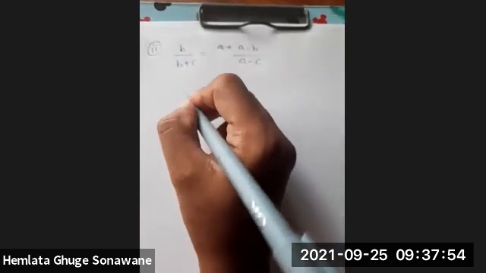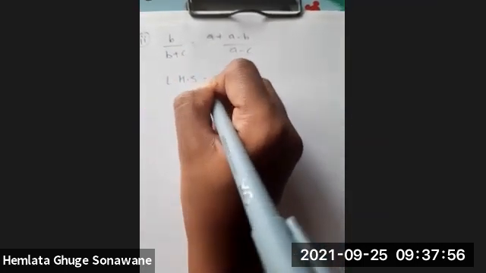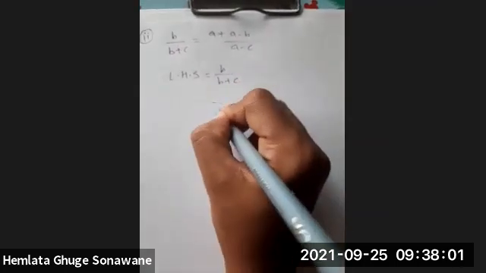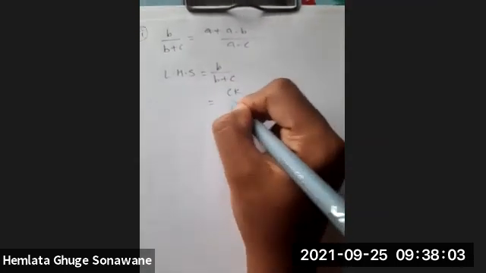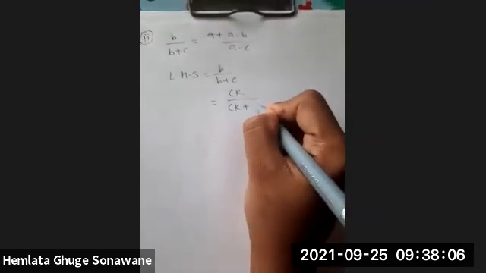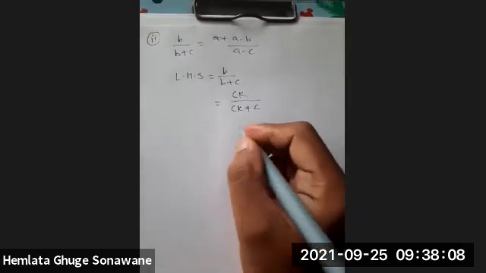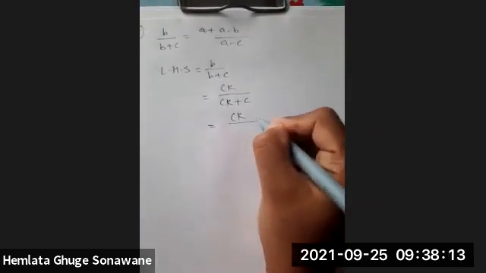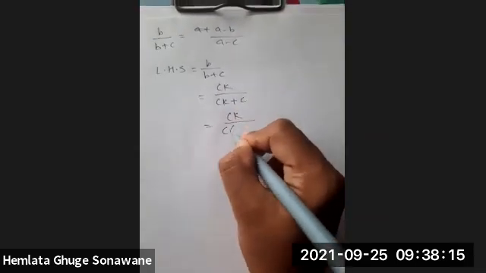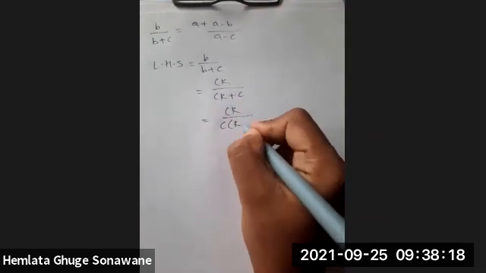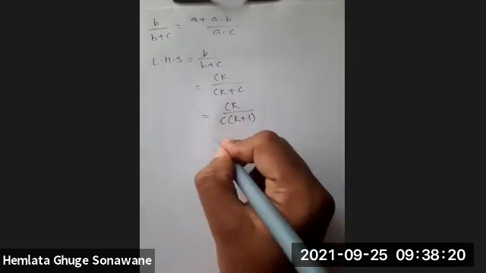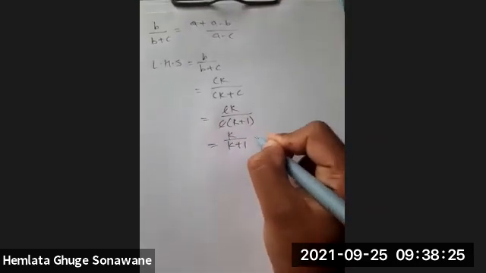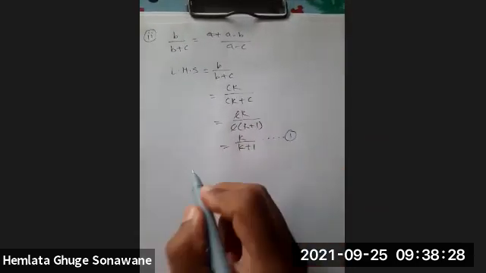So we'll put these values first in the left hand side, that is B upon B plus C. The value of B is CK plus C. Here we'll take C common. So what is remaining is K here and 1 here. C and C get cancelled. So K upon K plus 1. This is our equation number 1.